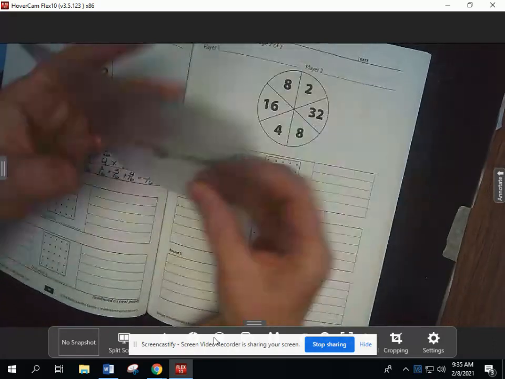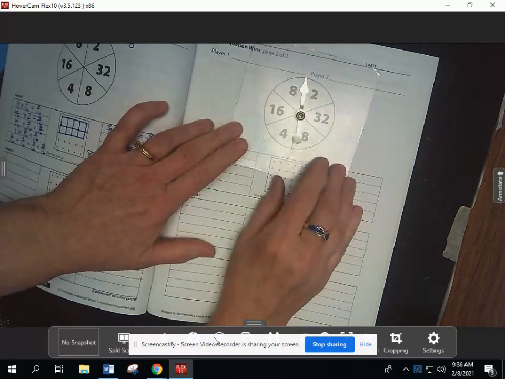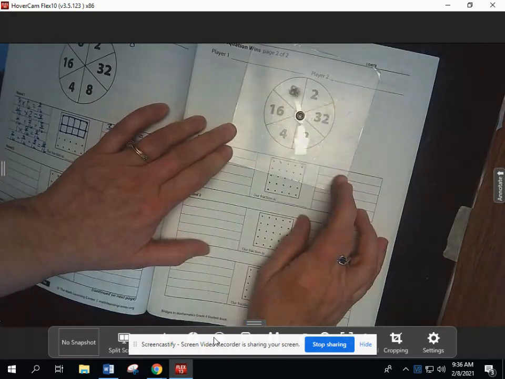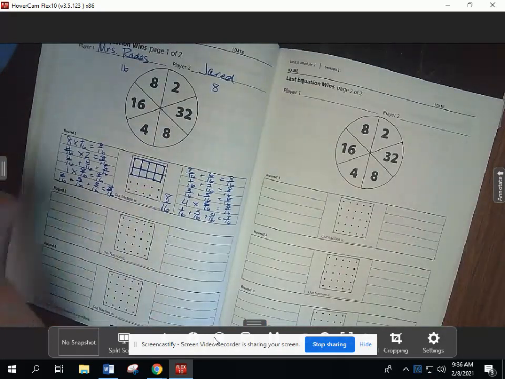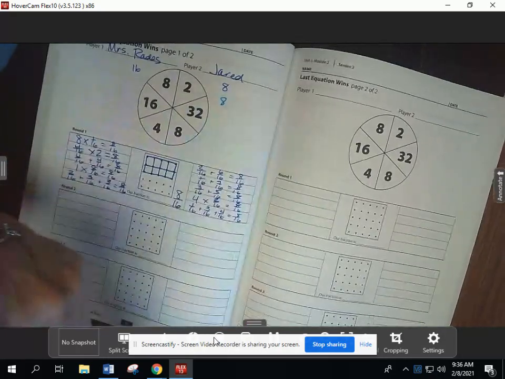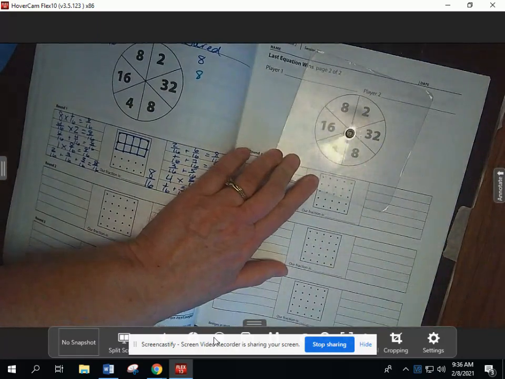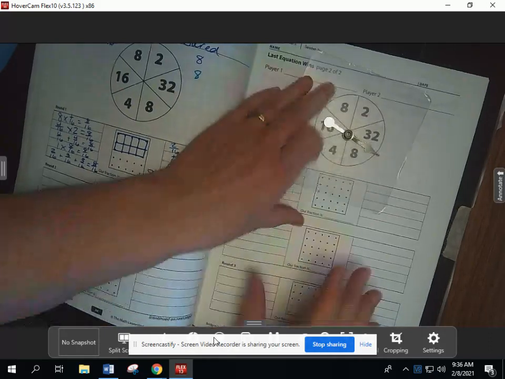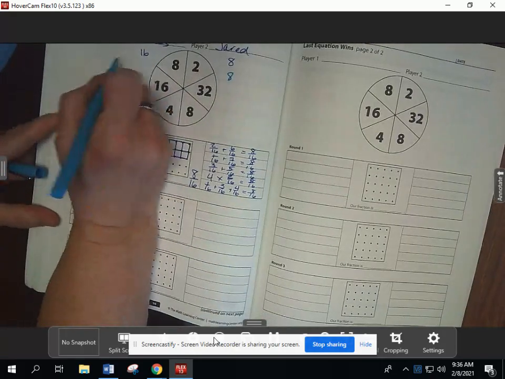Oh, this doesn't want to spin, does it? Okay, try again. Adrian spun an 8, so we'll put it on this side. I spun a 32.